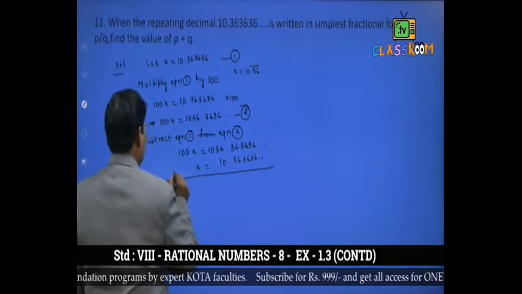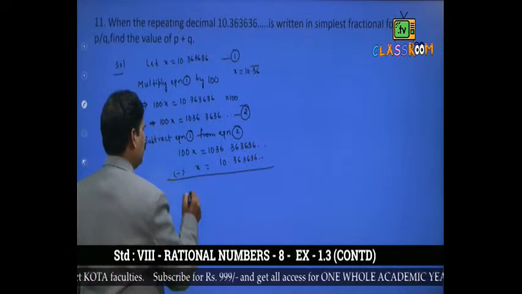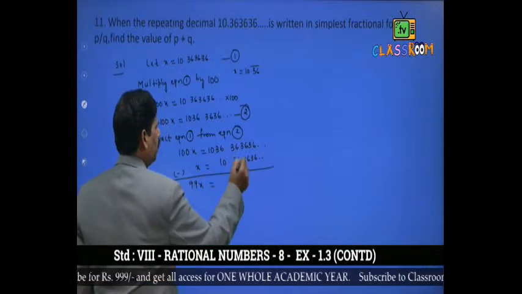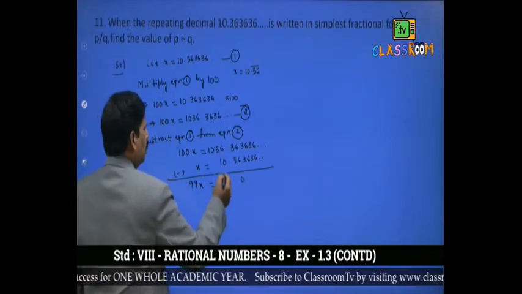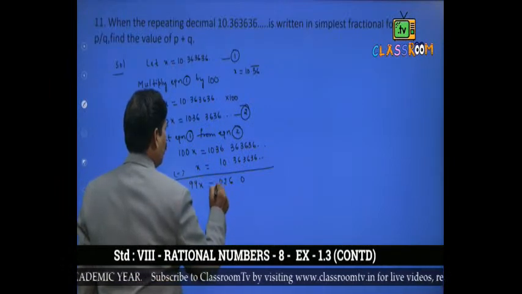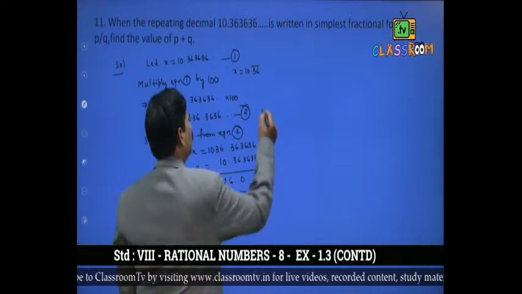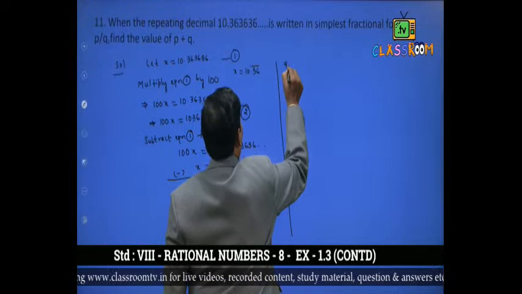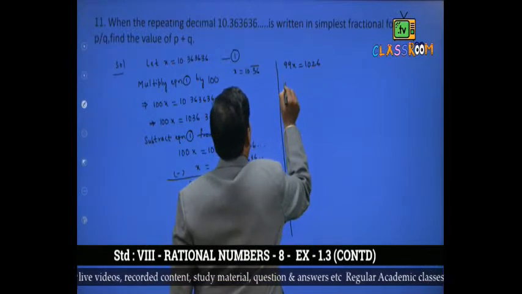Now go with subtraction. 100x minus x, 99x is equal to, here after the point both are same, so you will be getting 0 here. So 6, subtract it, 3 minus 1, 2, so it is 1026. How much do we get here? 1026, so 99x is equal to 1026.